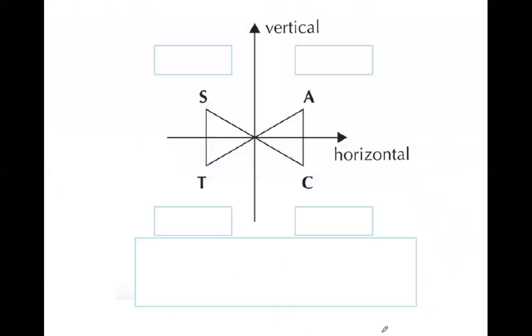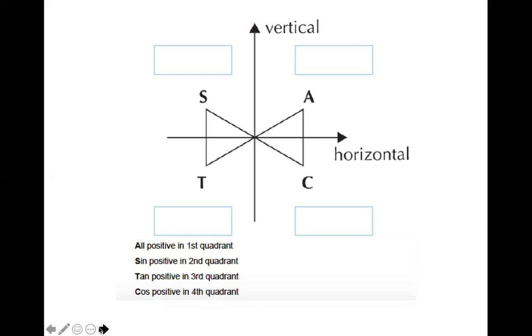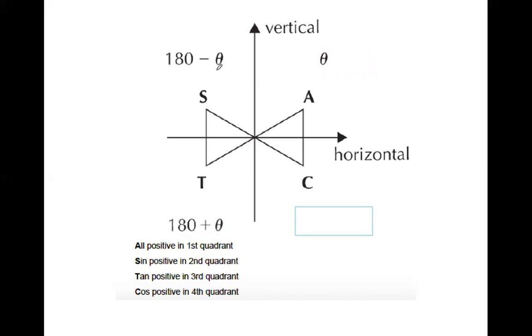Okay. So in summary, we looked at the CAST diagram, CAST. So all positive in first quadrant. Sine is positive in second quadrant.